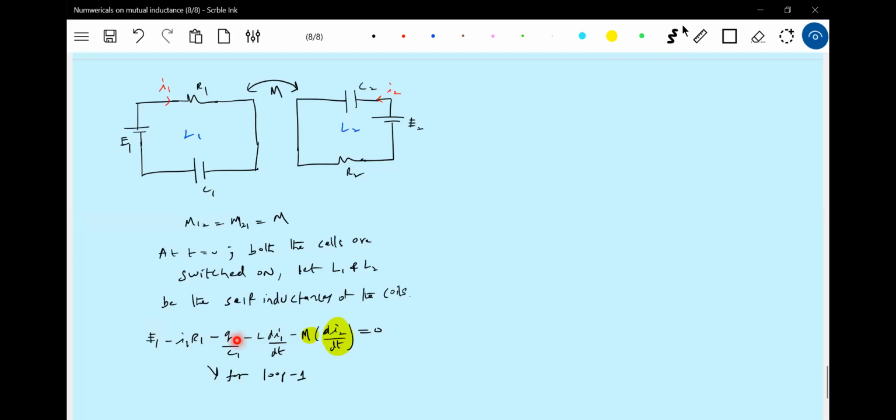For these things, the sign is specific. It all depends upon how the current flows: if current flows here, the magnetic field is into the plane; if it flows the other way, the magnetic field will be out of the plane. So this can be plus or minus. Got it? Similarly for the second loop.